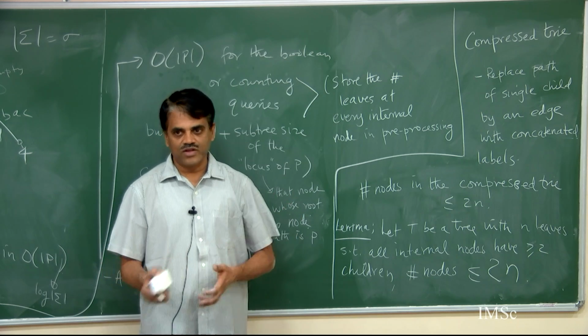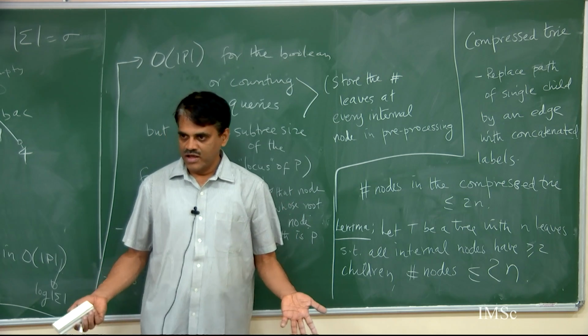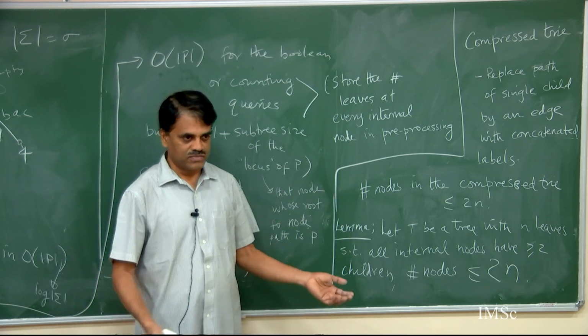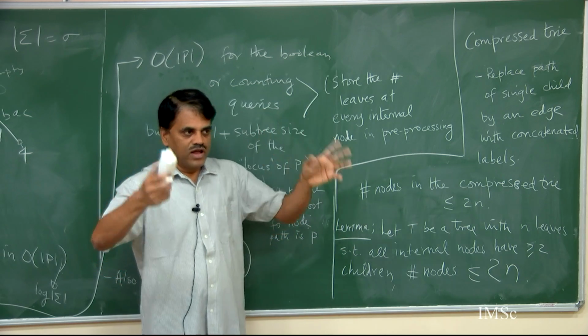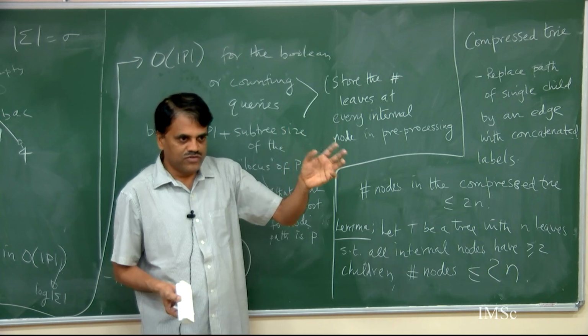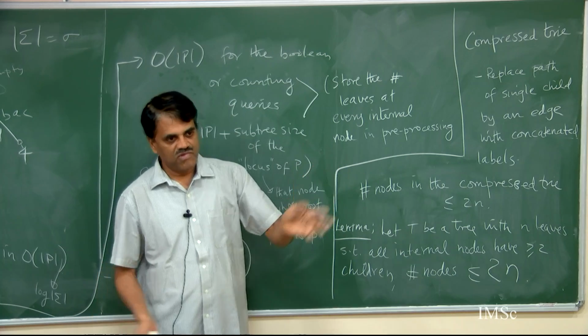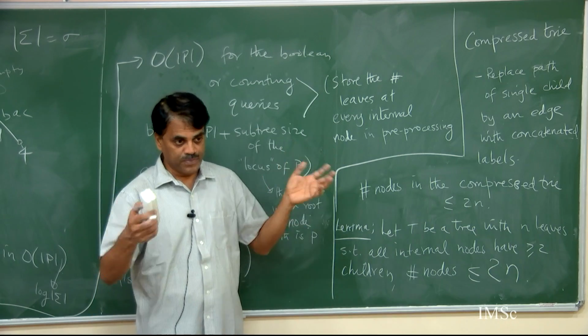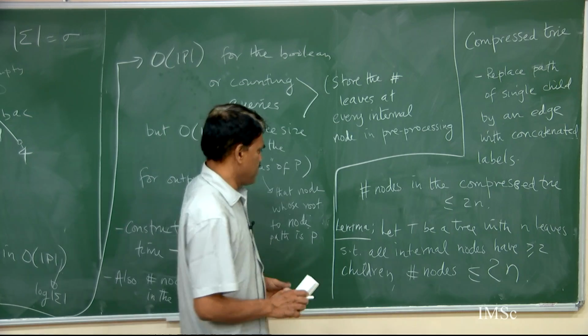Do some degree argument and you will see that you cannot have too many nodes, because every internal node has high degree, but there are only n minus 1 leaves. If I have too many of them, then the average degree will go up.